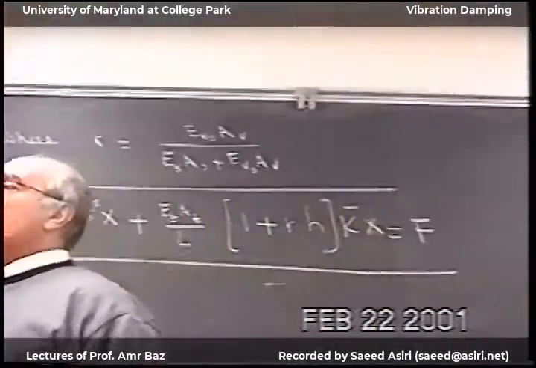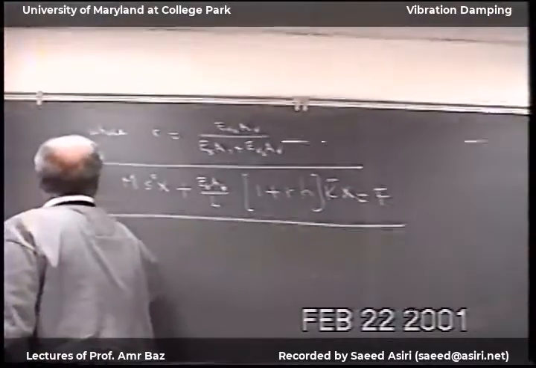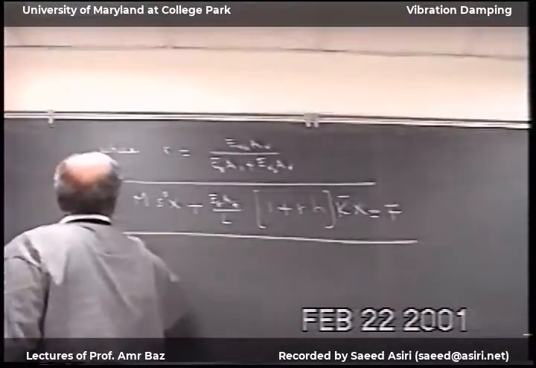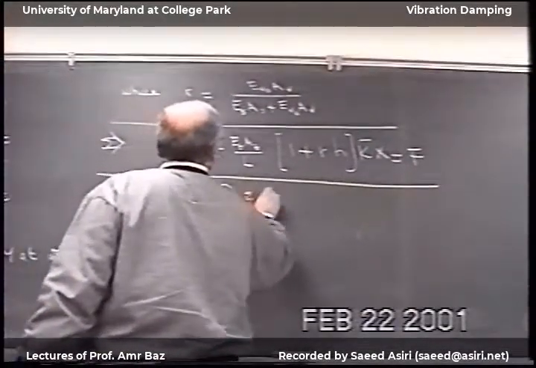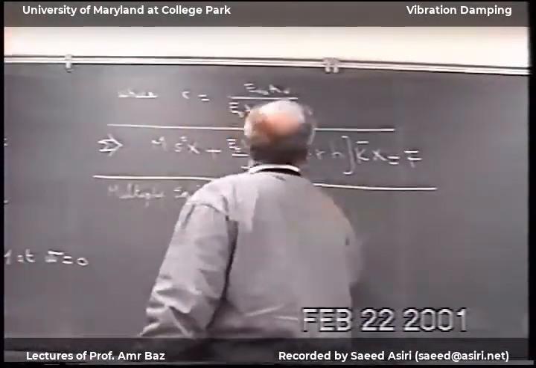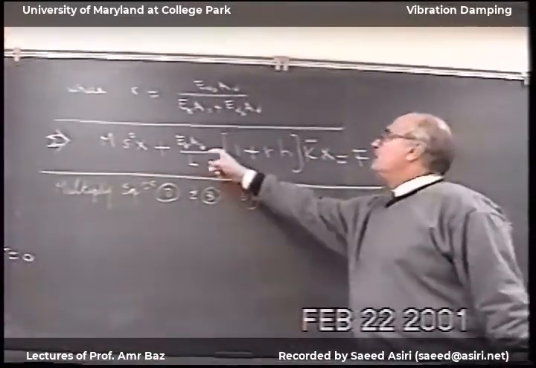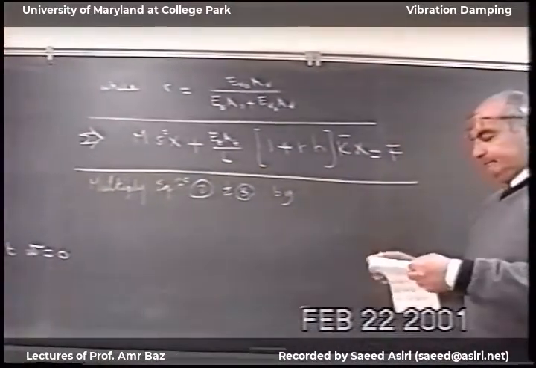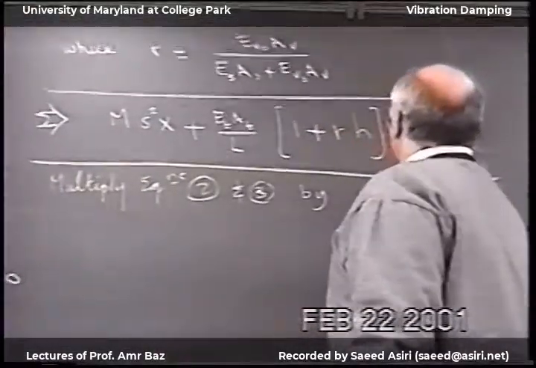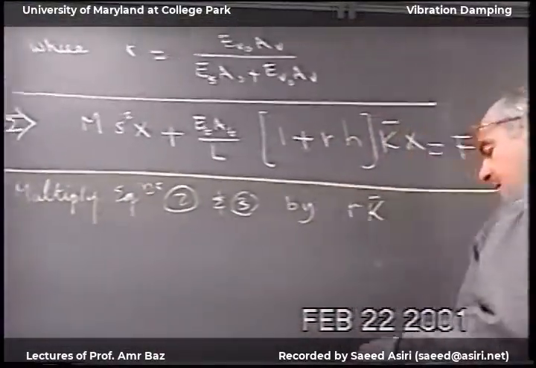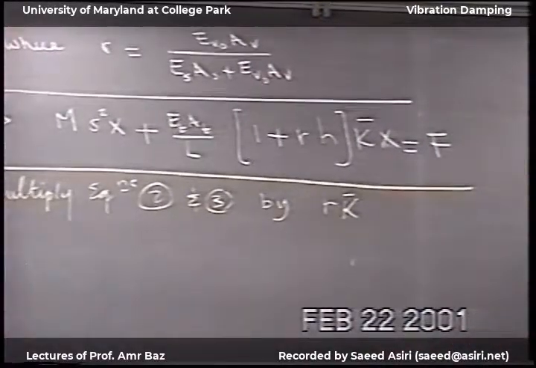So now I'll come to equations 2 and 3 and multiply equations 2 and 3 by this multiplier. I'm going to multiply it by R K prime.